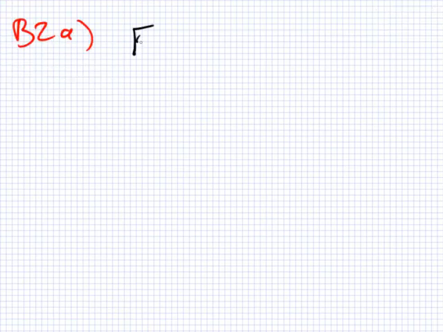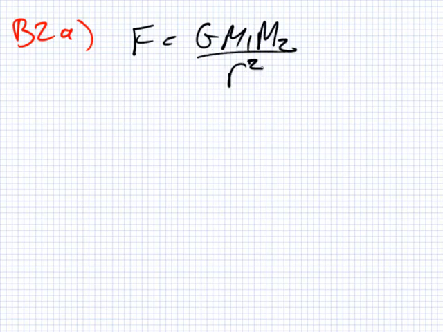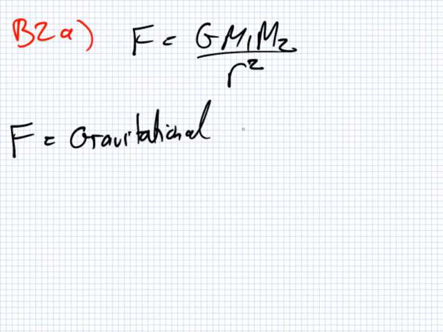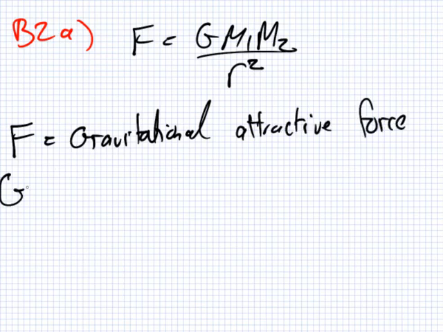F equals G M1 M2 over R squared. So F is the gravitational attractive force. The G is a universal constant.